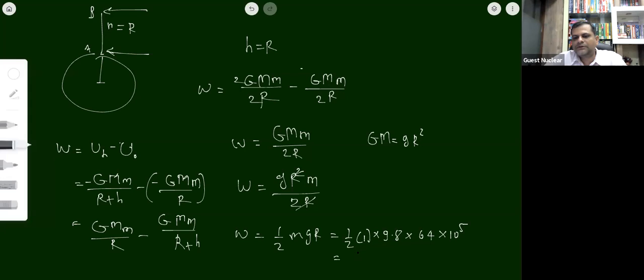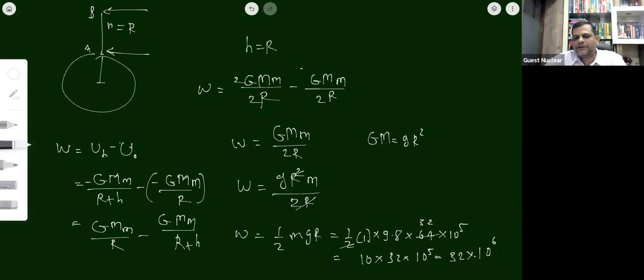Now if we reduce this a little, what will we get? Look, 2 ones are 2, and here it becomes 2 into 32, and this 9.8 is approximately written as 10. So we can write it as 10 into 32 into 10 raised to 5. That means it's going to be 32 into 10 raised to 6, correct?